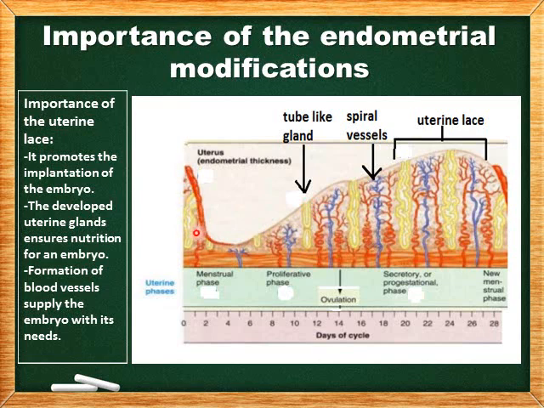The blood vessels rupture, the sloughing of this layer takes place, and menstruation occurs. So you have to study very well the importance of the uterine lace and the importance of these modifications in the uterine cycle, the endometrium in specific, in order to know why they have to occur.